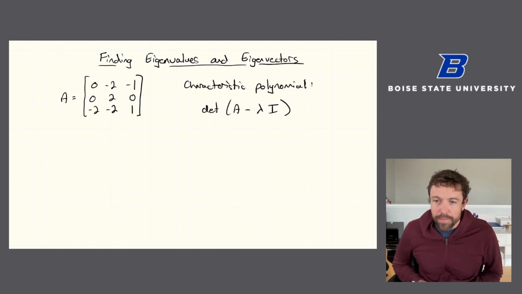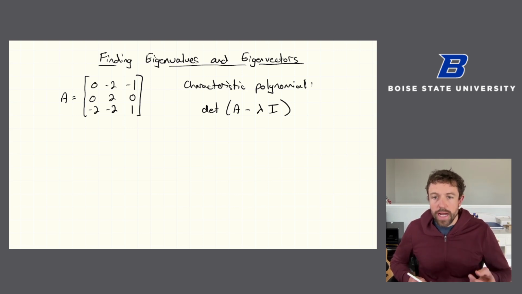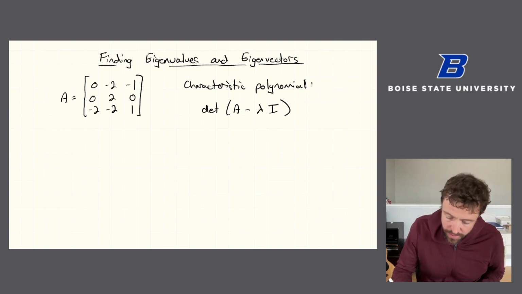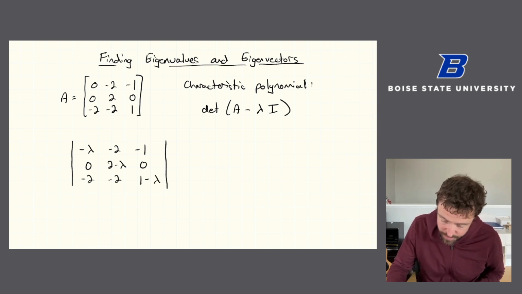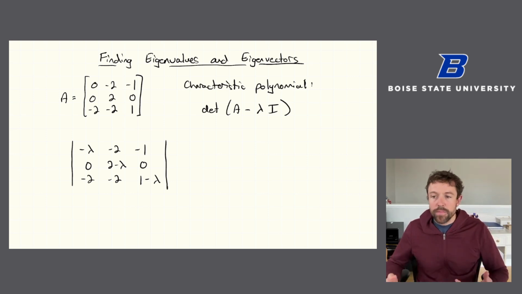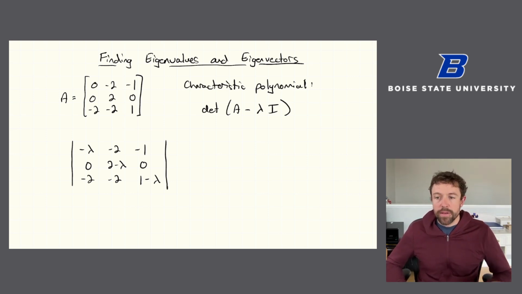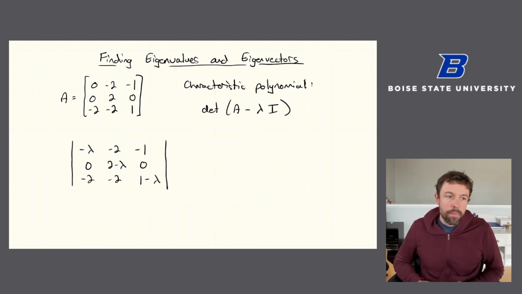A minus lambda I is really just saying subtract lambda from each diagonal entry of A. So we want to find the determinant of this. I'm going to subtract lambda from each diagonal entry of my matrix. And this determinant will give us a polynomial in lambda because we know that by cofactor expansion or by one of those formulas, you do get a polynomial in the entries.